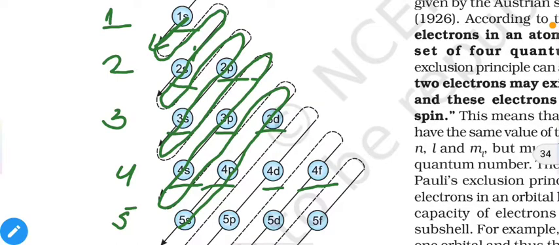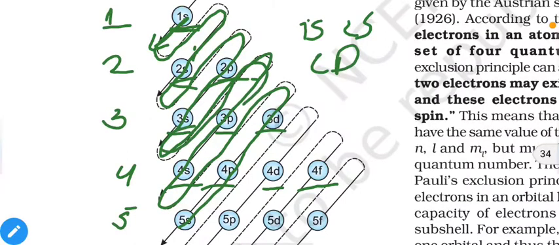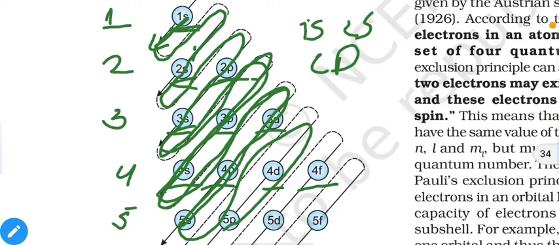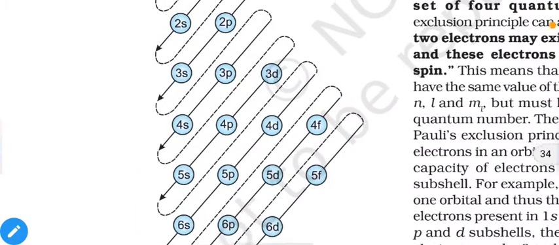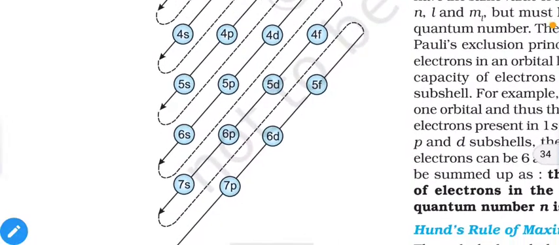Just follow the line. First you will get 1s, then 2s, then 2p, then 3s, then 3p, 4s, 3d, 4p, 5s, 4d, 5p and so on. You have to follow the diagonal path and you will get increasing order of energy up to 7p.